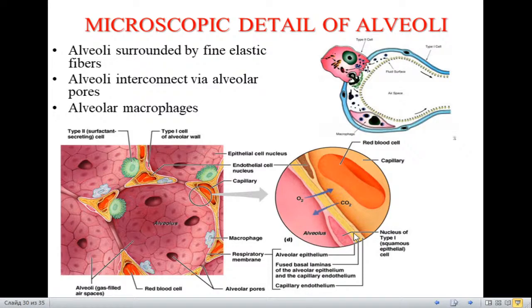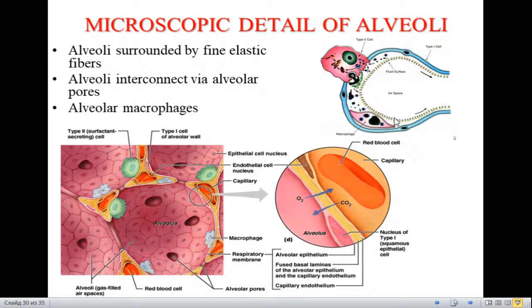For preventing the closing of the alveolar walls, we have a special substance, surfactant, which covers the internal surface of the alveoli and prevents the closing of the alveoli and the collapsing of the lungs.